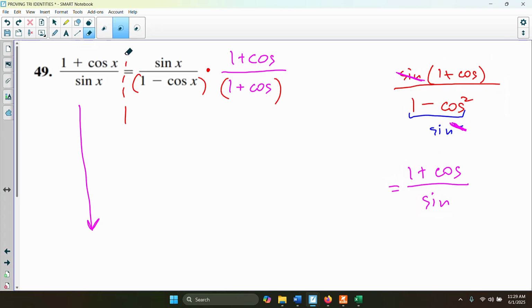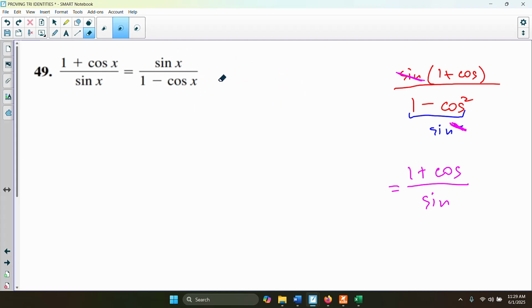It will be the same technique, but the point is I could have started on this side. It's not that I went wrong, it's just that I used the wrong technique, and I recognized it because if I were to split this up, which often is a really good technique, in this case it led me to kind of a dead end. Like I didn't know what to do with it.